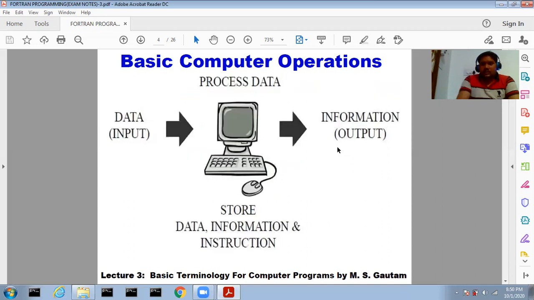The schematic representation of these four basic operations is shown in the slide.